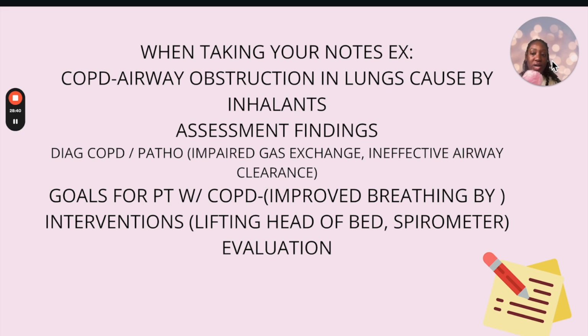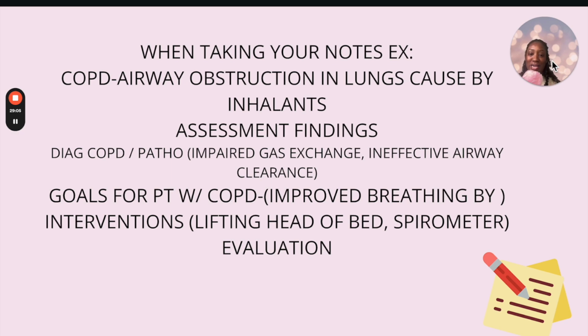So for the diagnosis of COPD, you want to know a little bit of patho, but that's airway obstruction in the lungs by inhalants. That's the patho. That's as far as it really should go with the patho. I know that we have a patho book in nursing, and it goes literally down to molecules, and it's just overwhelming.